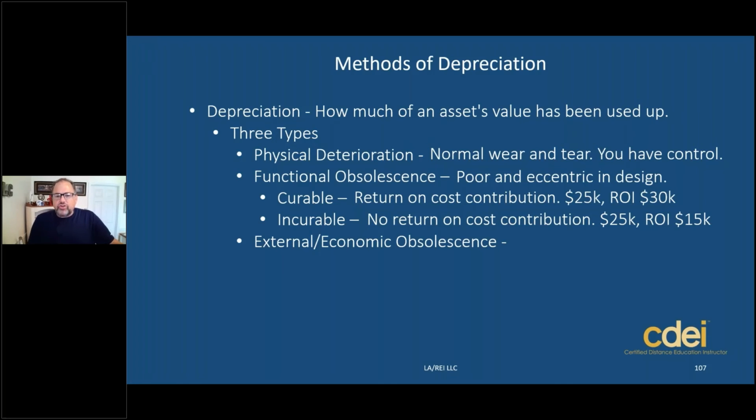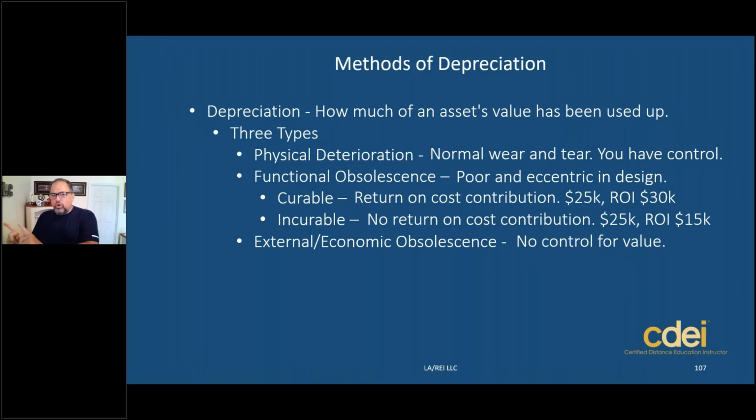And then we have external, what they call economic obsolescence. This is the outside of the survey lines, okay? When I say the outside of the survey lines, I'm talking about outside your lot, okay? So if you're on a 100 by 300 lot, everything outside of you has an effect externally and or economically.